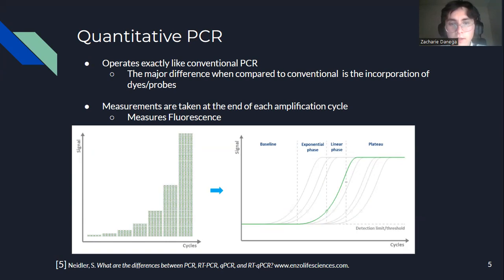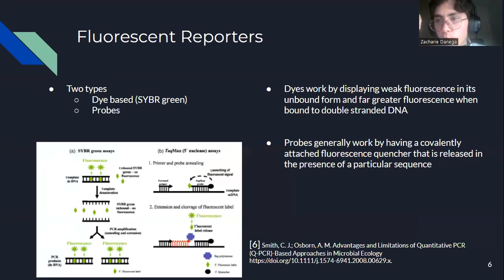Measurements are taken at the end of each amplification cycle, and it measures fluorescence. Theoretically, you should be able to determine how much DNA you generate after each cycle, because it's related to the amount of fluorescence that's produced. As you see in the graph below, more DNA is being generated and you get a graph somewhat like that. I'll explain that later.